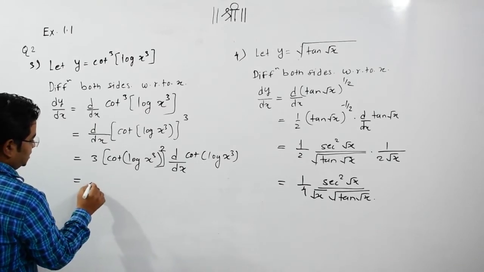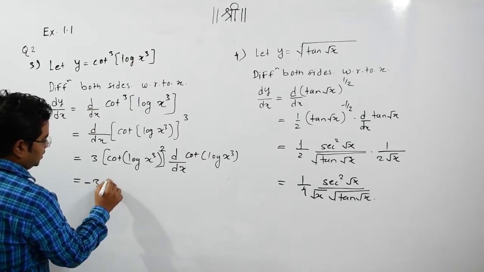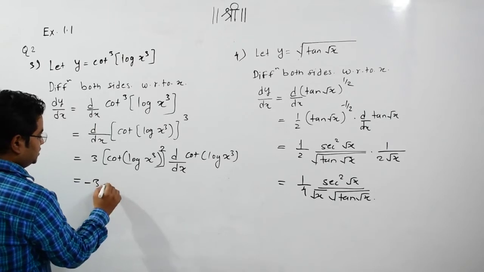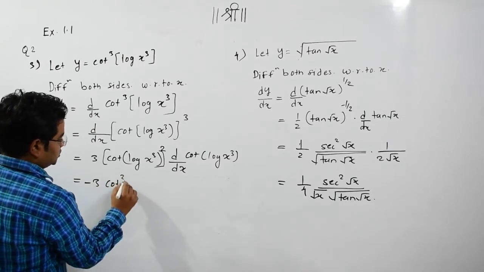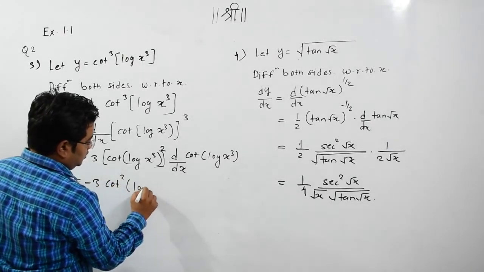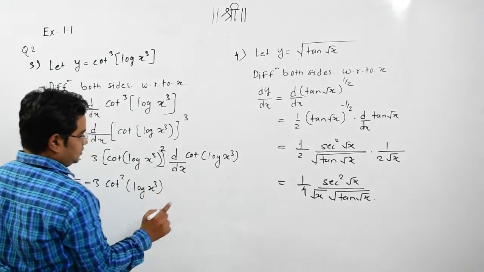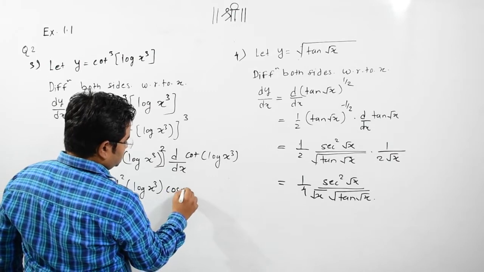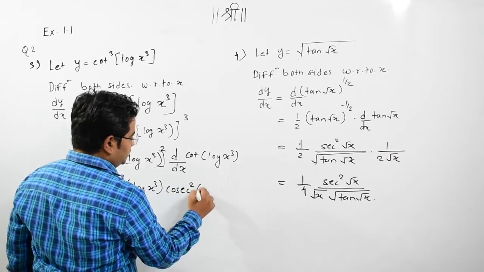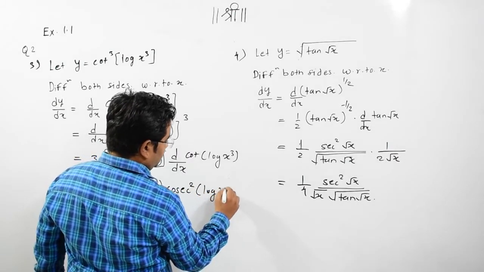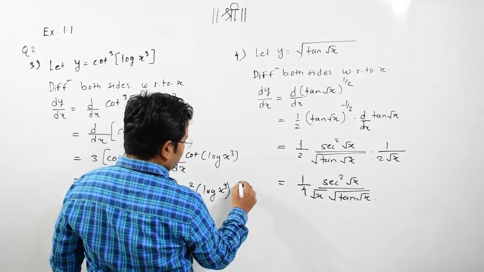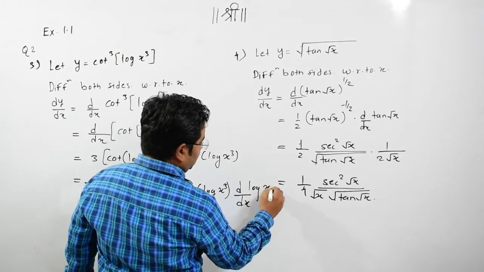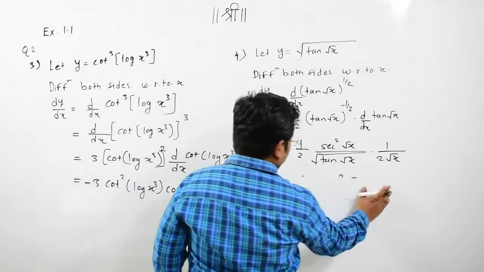So that is minus 3 cot square log of x cube, times cosec square log of x cube. Now what is the derivative of log of x cube?